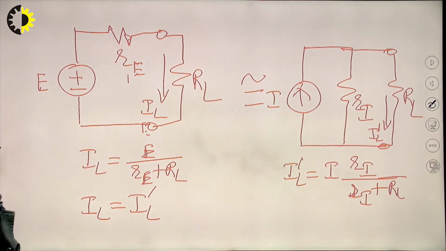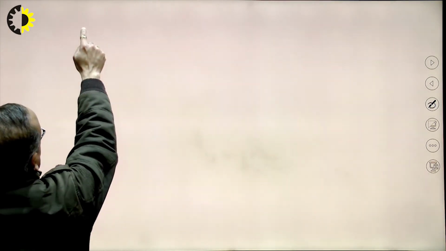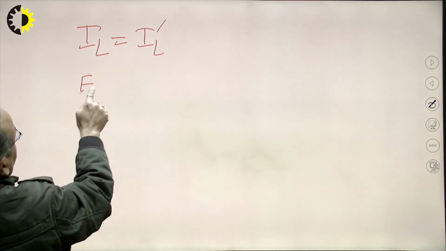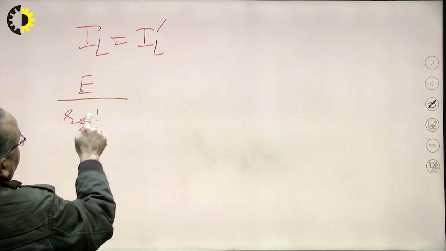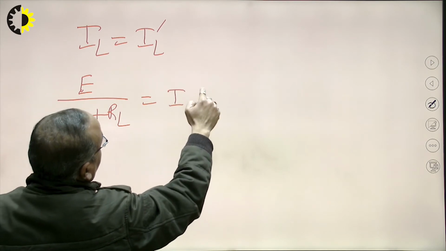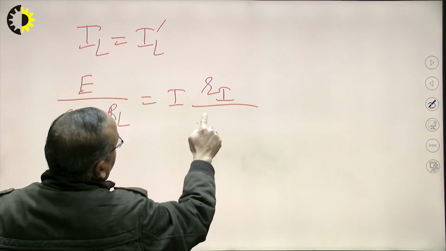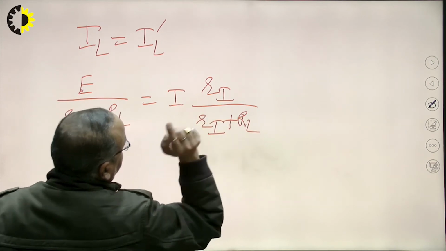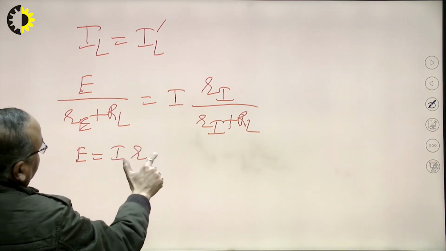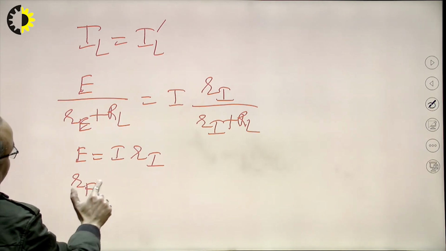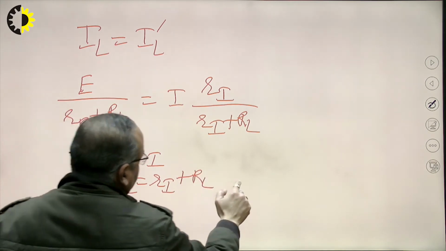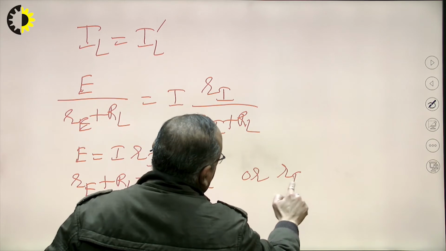For the equivalency of the two sources, we can write E divided by R E plus R L, which is the value of I L, should be equal to the value of I L dash, which is I into R I upon R I plus R L. By taking the equivalency here, we can see E should be equal to I R I, and R E plus R L should be equal to R I plus R L, and from this we get R E should be equal to R I.